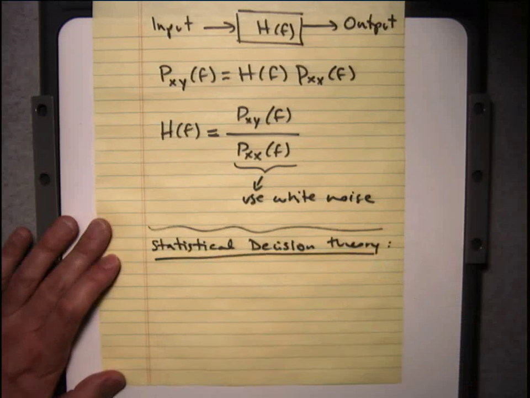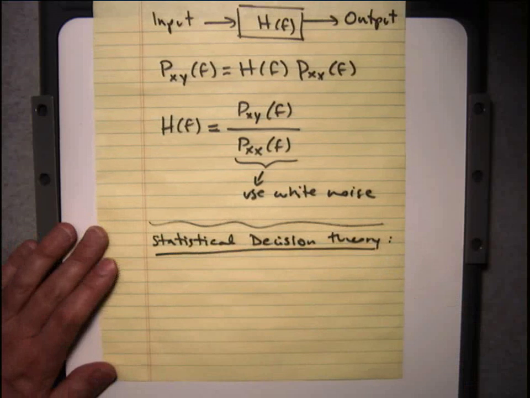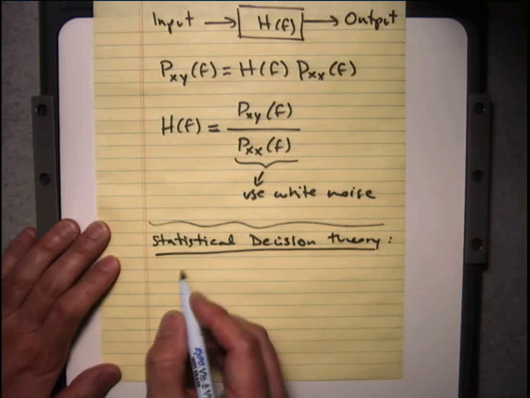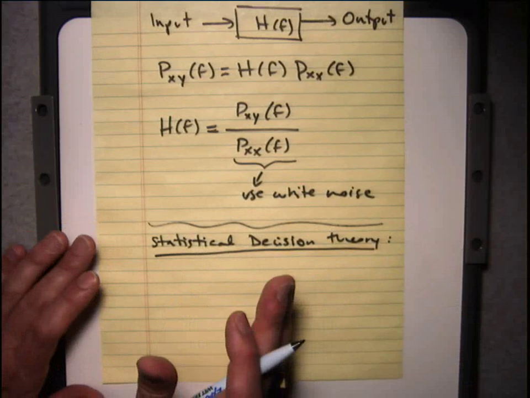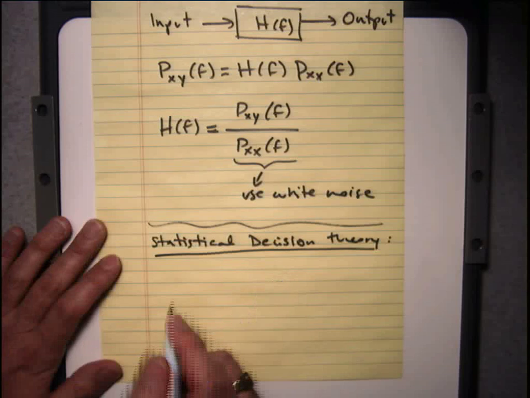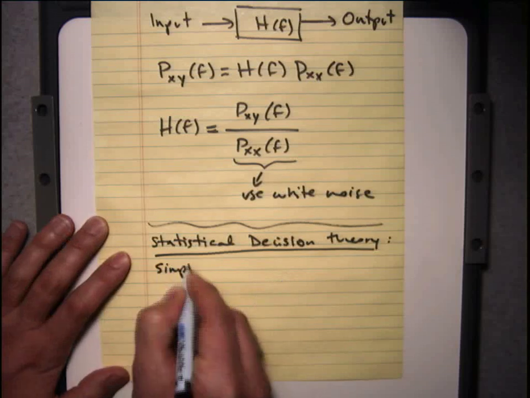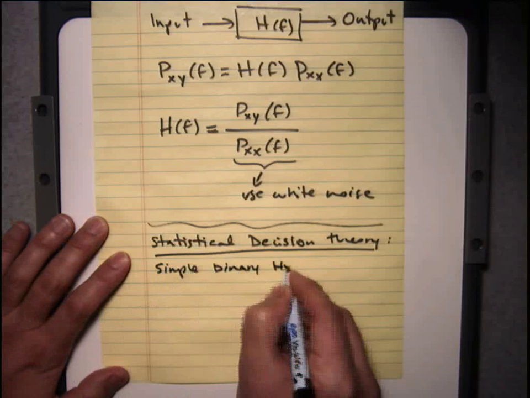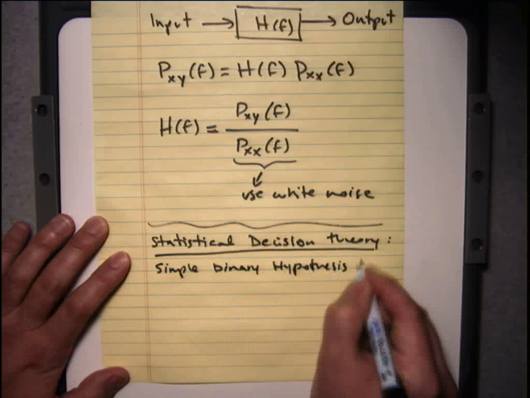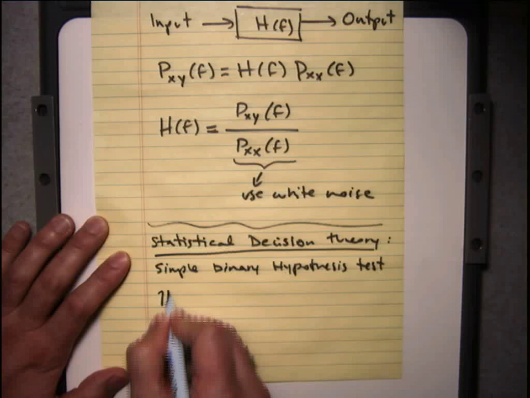Okay, so as we described a little bit earlier in the last couple of lectures, the first canonical problem that we're going to discuss is the simple binary hypothesis test. There are two situations, H0 and H1.